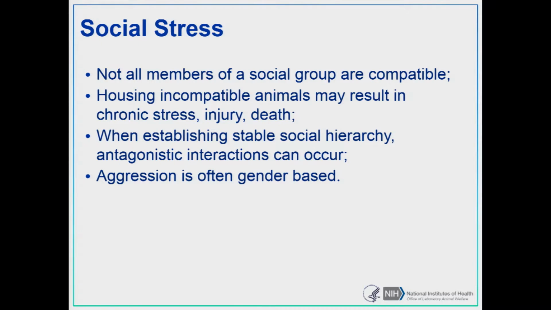Recognizing, too, that because of social hierarchies within the different species, you can have antagonistic interactions. How you address those and how you do your best to prevent the most serious things from going on really goes a long way to having a stable situation for the animals.